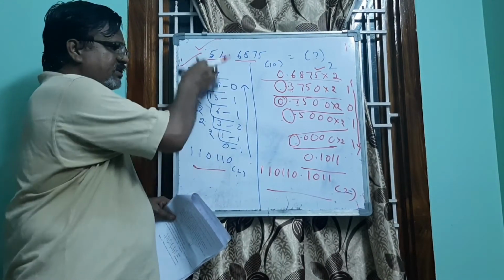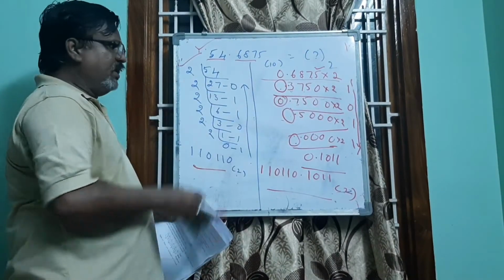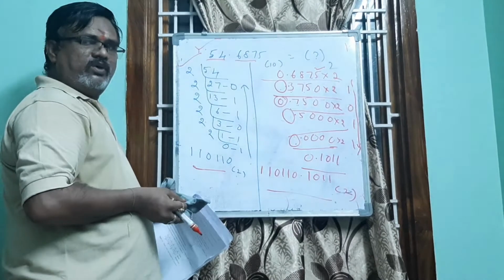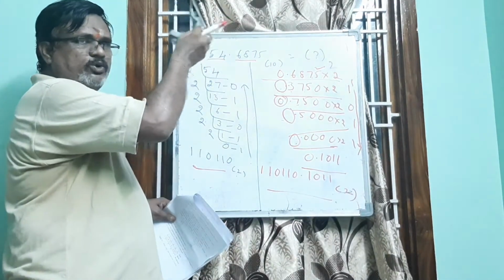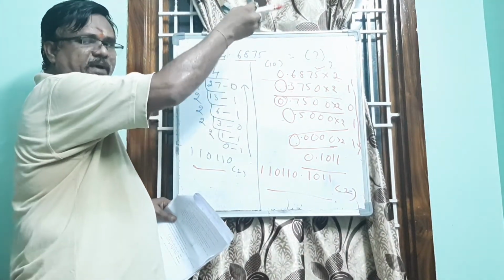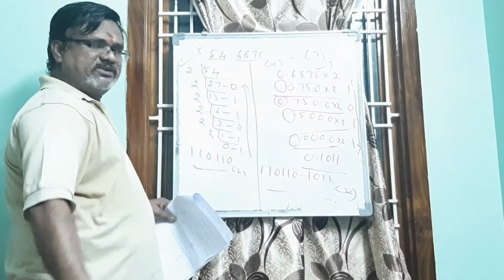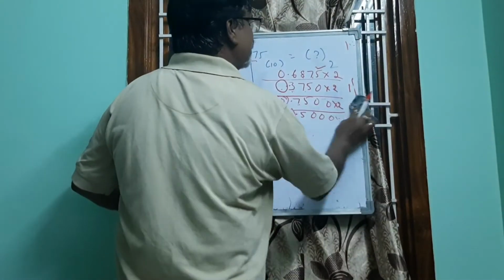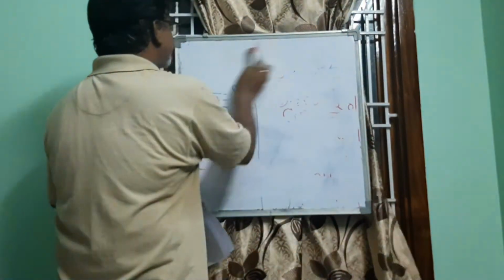Simple, vice versa: division, then multiplication. If it is binary to decimal, the powers are 0, 1, 2, 3 for the position values, and then -1, -2, -3, -4 like that. Okay, we take one more example for clear understanding.